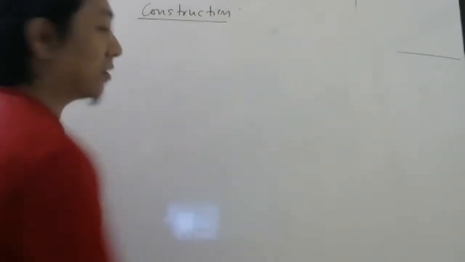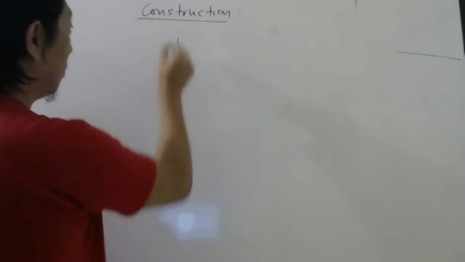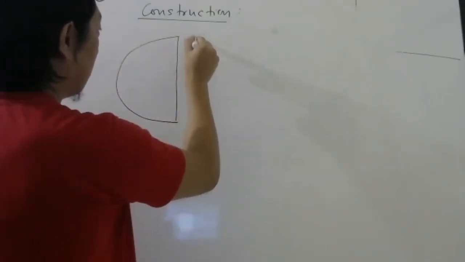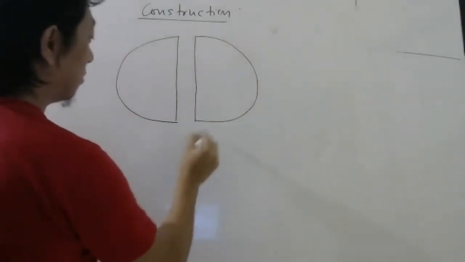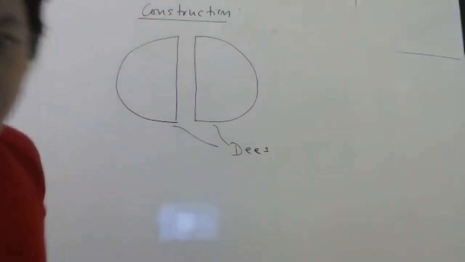Look carefully, very interesting it is. What they do, they take two hollow conductors in the form of D. So these are called Ds. They look like D only.